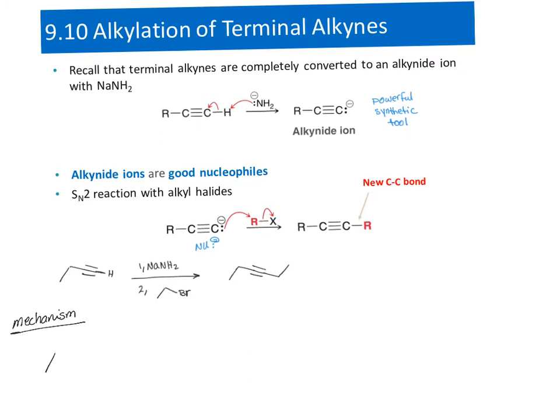So in the first step of this mechanism, amide will act as a base and take the proton. So the first step is a proton transfer step to form the alkynide ion.